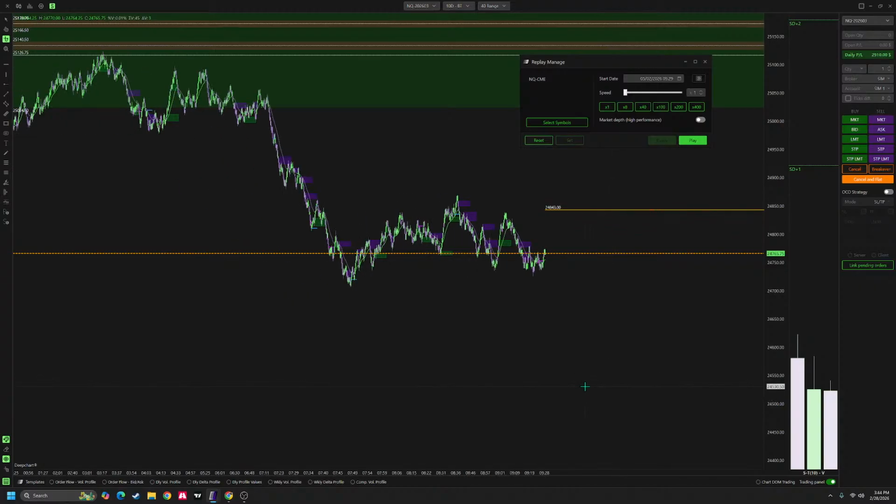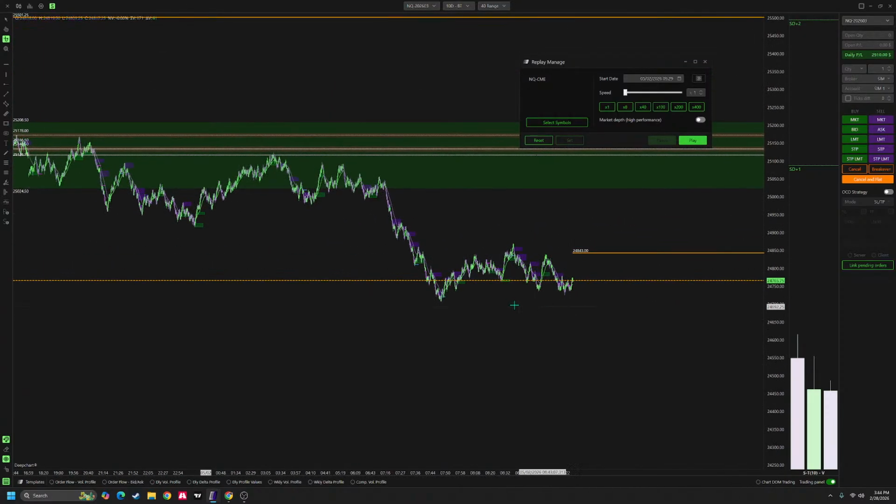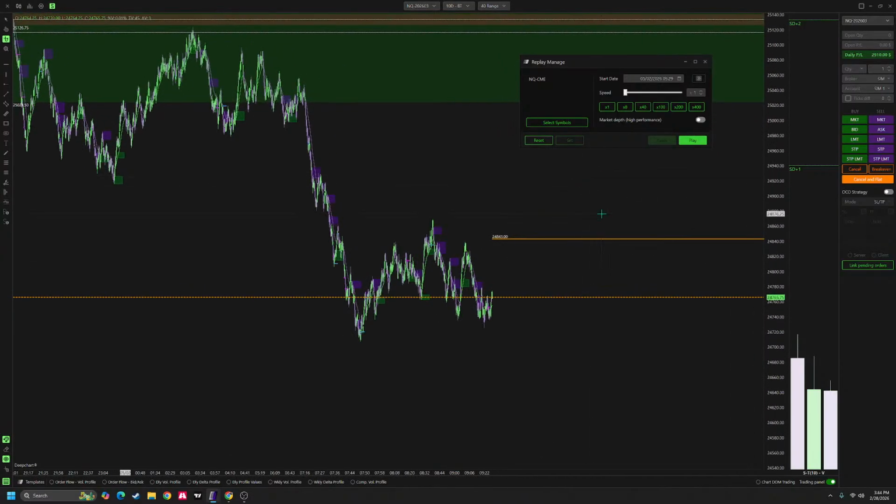We already mentioned that we have a bullish bias for the day. But I wouldn't be surprised to see the price move down first to retest the bottom.